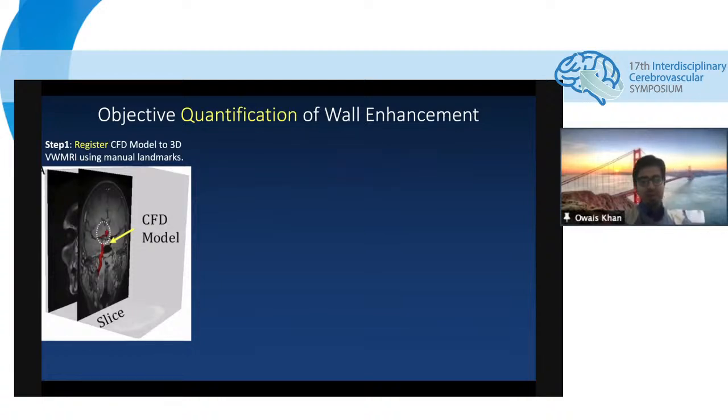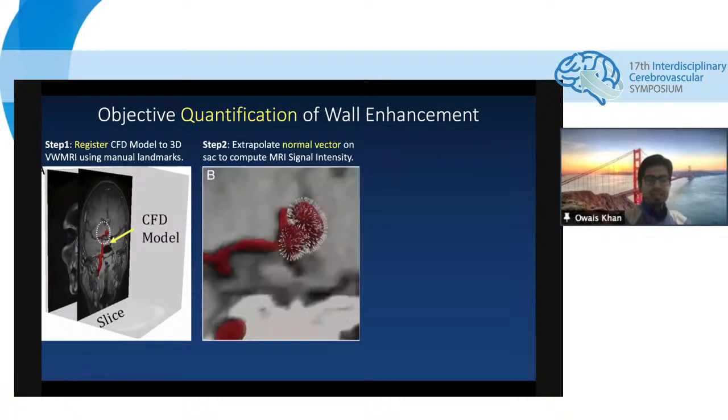The issue here was that the data set I had was very coarse, so it's very difficult to use a fully automated method to register these two models. First I assigned manual landmarks at bifurcation sites, and then I used an iterative closest point method to bring those landmarks together. Here you can see the vessel wall MRI slice laid on top of the CFD model.